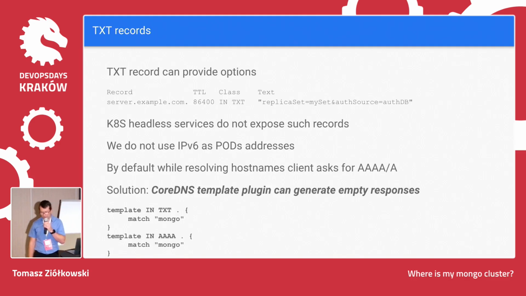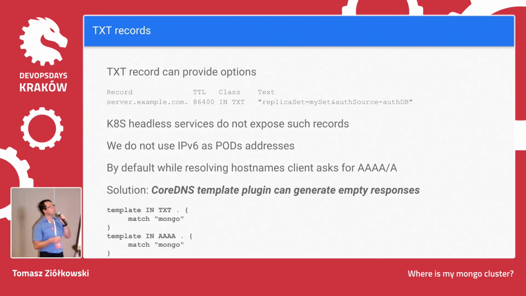Another problem, maybe not a problem but an optimization that we made, is removing the TXT and IPv6 AAAA records. It turned out that those records are not supported on Kubernetes. We don't use IPv6 for addresses for pods in Kubernetes, and additionally TXT records are also not supported as a part of a headless service in Kubernetes.